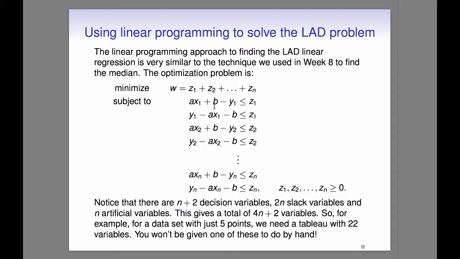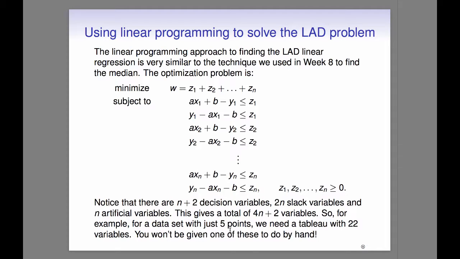We're looking for a and b, but we also have these unknown variables z. We're not particularly interested in them per se, but they intervene in the problem. So we have n plus 2 decision variables, we'll have 2n slack variables, we'll have n artificial variables, so we'll have a total of 4n plus 2 variables.